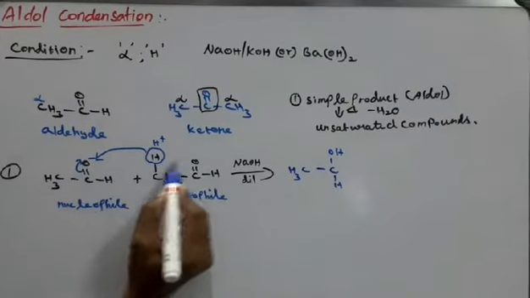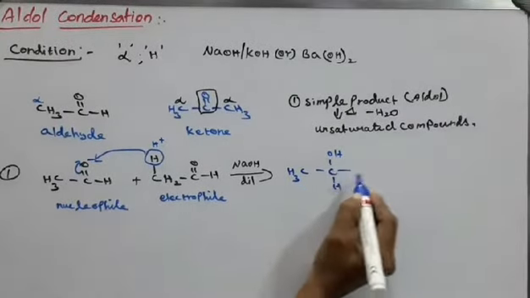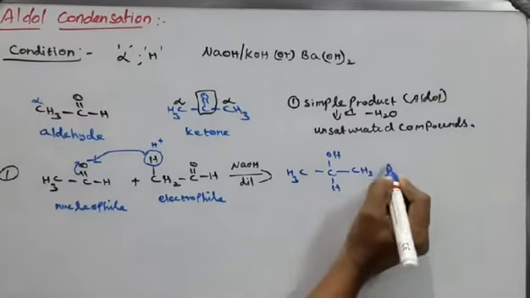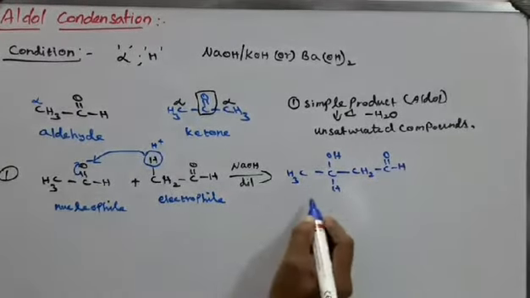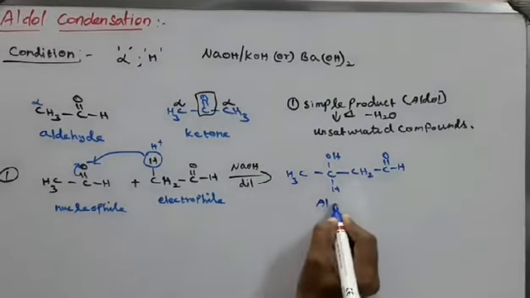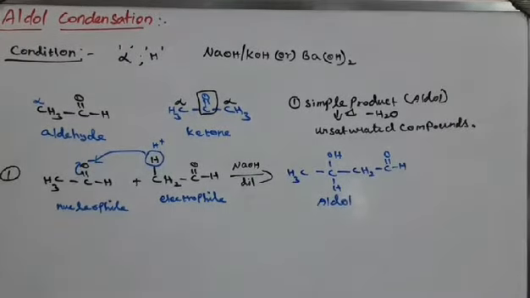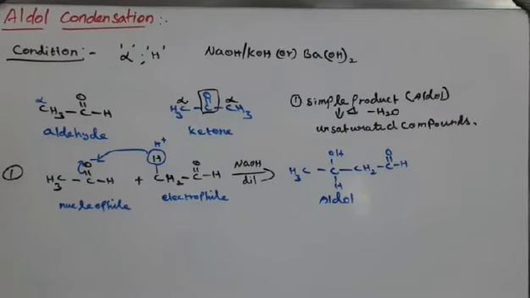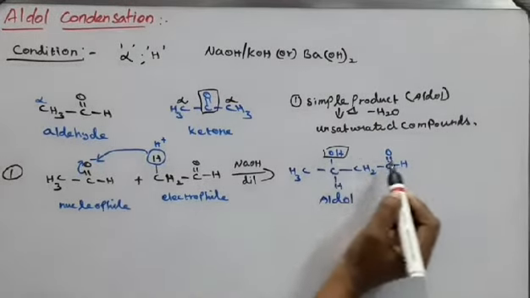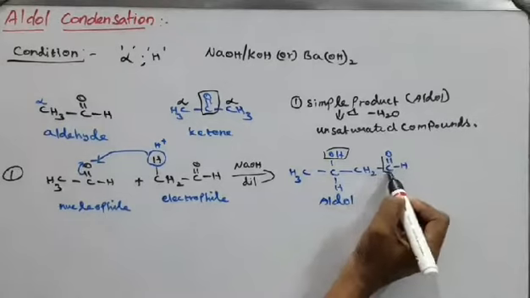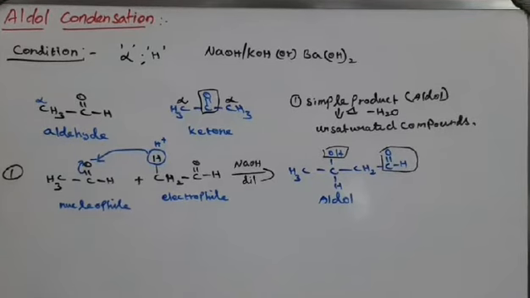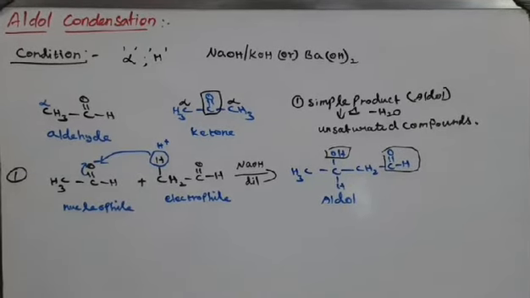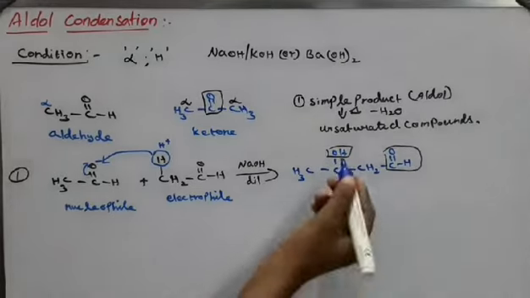The remaining part is CH2 C double bond O H. This is called aldol, the simple product. Why is it called aldol? Because the OH group and the aldehyde group are both present in the parent compound. Al means aldehyde, and ol means alcohol.